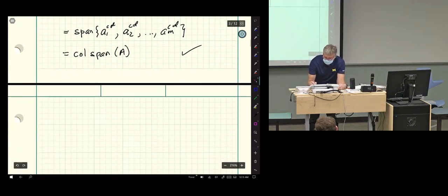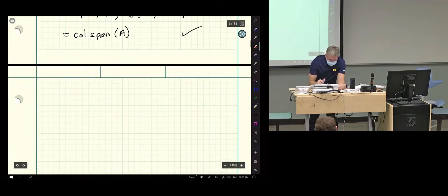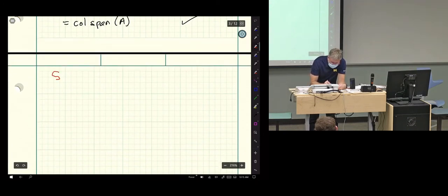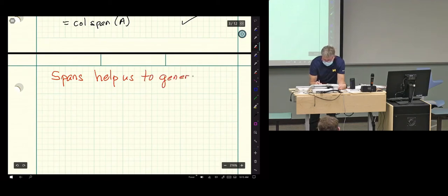Okay, so that's how we use spans. So spans help us to generate subspaces.